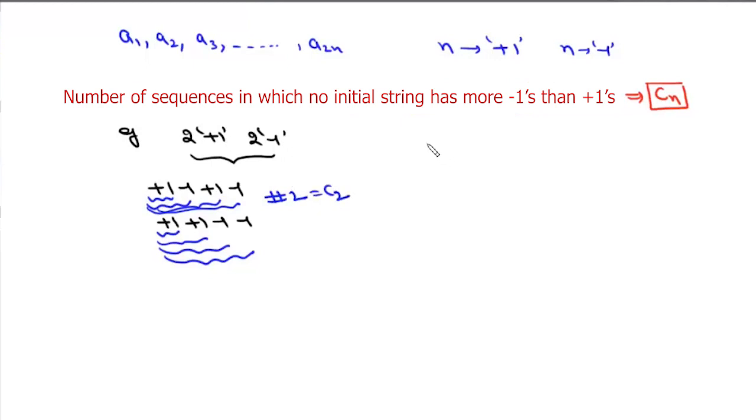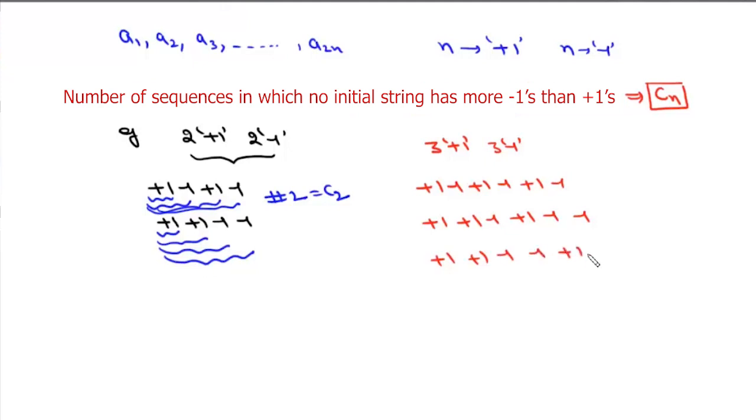Now if we take 3 plus 1s and 3 minus 1s, then the sequence could be plus 1 minus 1, plus 1 minus 1, plus 1 minus 1, or it could be plus 1 minus 1, plus 1 plus 1 minus 1 minus 1, or it could be plus 1 plus 1 minus 1 minus 1, plus 1 minus 1, or it could be plus 1 plus 1 and then minus 1 and minus 1.